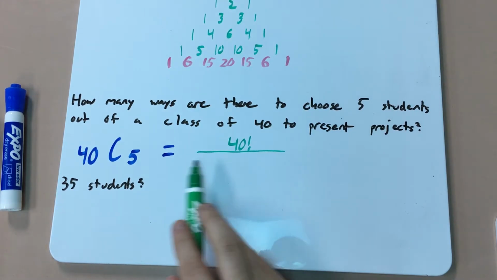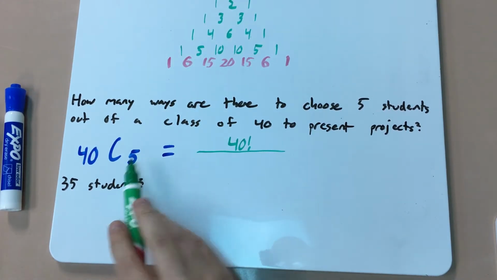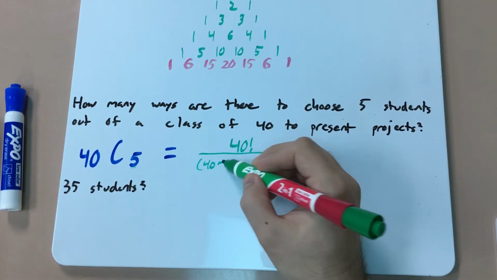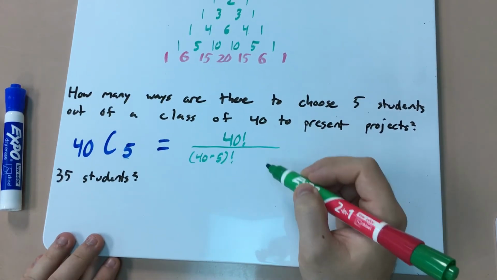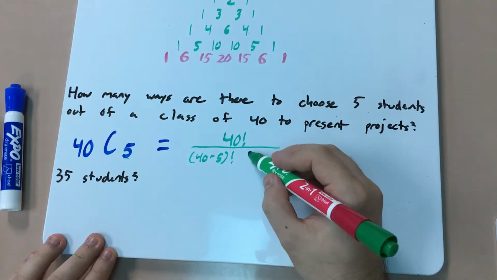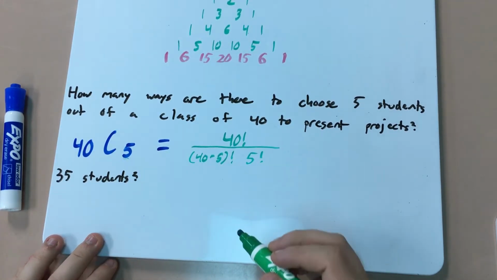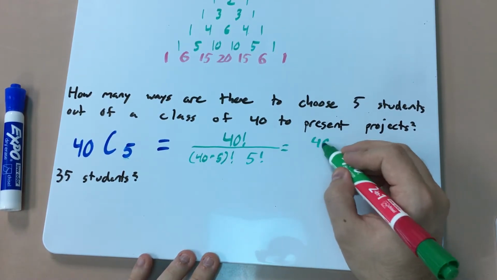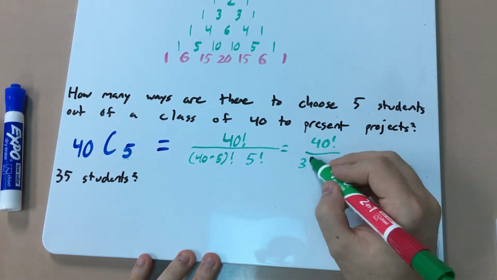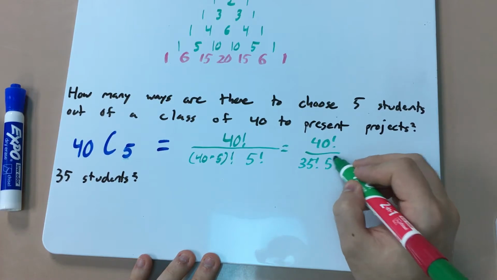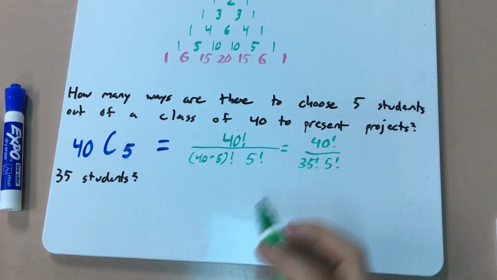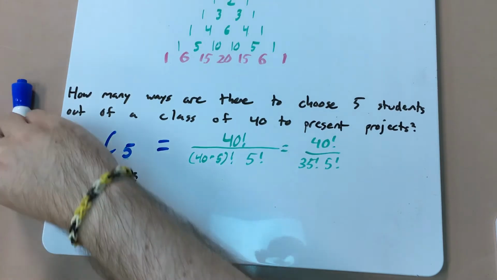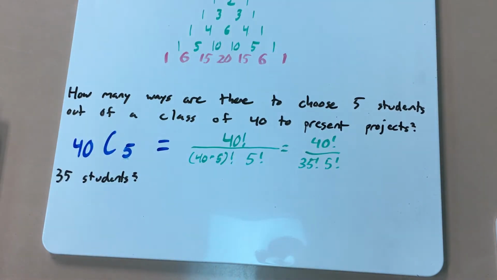Down here, we start with the subtraction thing in the parentheses. 40 minus 5 all factorial, and then we just need, for the last bit that was not in our permutations, the 5 factorial. So this would end up being 40 factorial over 35 factorial times 5 factorial. And I won't solve this yet, because I want to do the same thing with asking about 35 students.